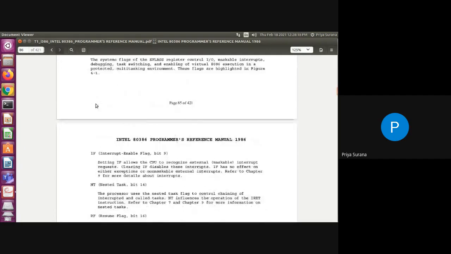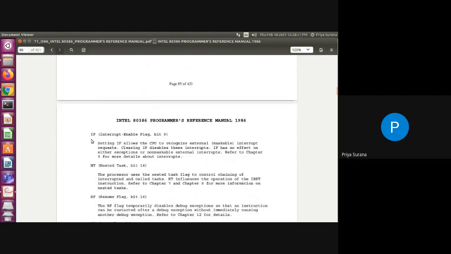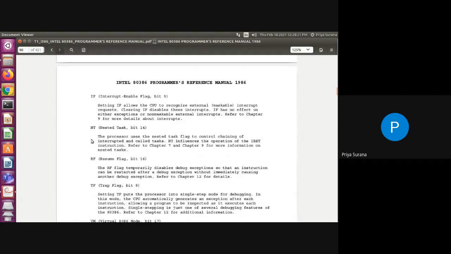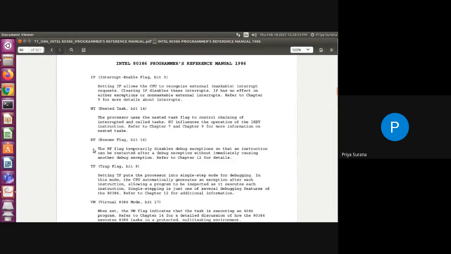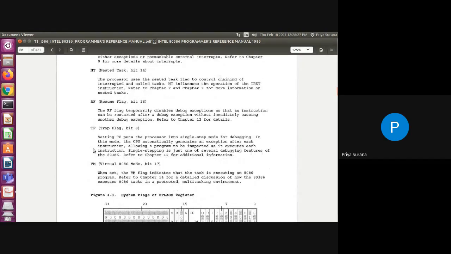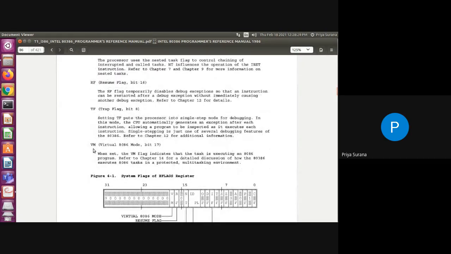While discussing the flag register, I discussed resume flag, trap flag, and virtual mode flag bit. These fall under system flags. We already discussed these. Just check IF, NT, RF, TF, and VM.